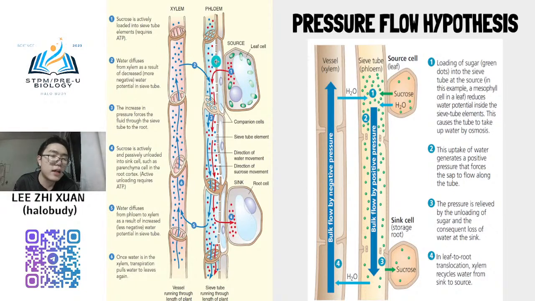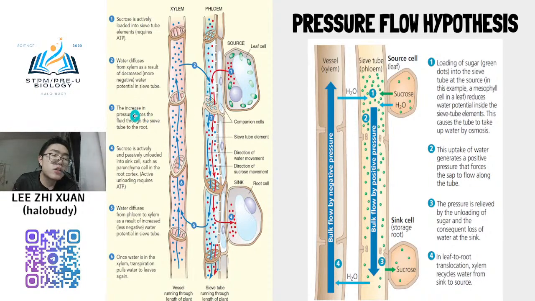Everyone knows this logically, because the xylem vessel only contains water, so automatically the xylem vessel has higher water potential compared to phloem. So the water molecules will diffuse out from the xylem vessel and flow into the phloem sieve tube.